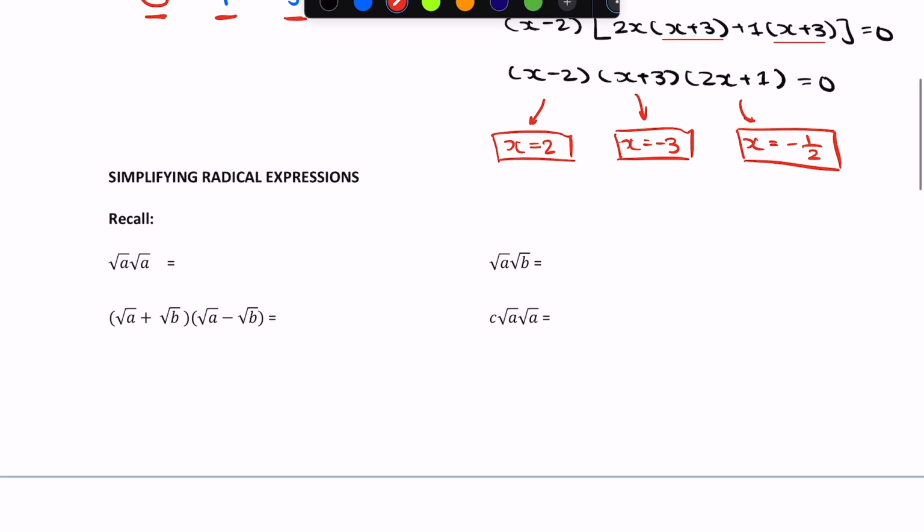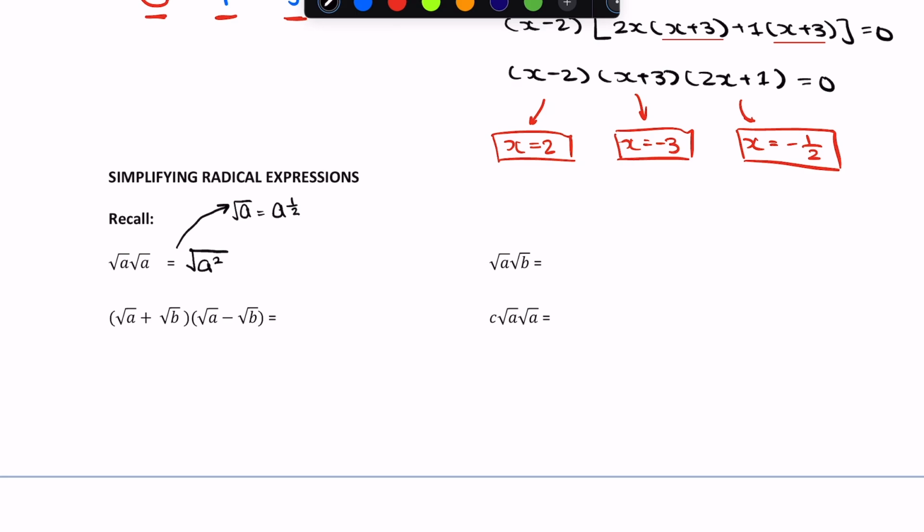Okay, so let's move on to the second part of this lesson, which is simplifying radical expressions. If you recall, square root a times square root a will give you square root a squared. Remember, square root a is also equal to a to the power of 1/2.